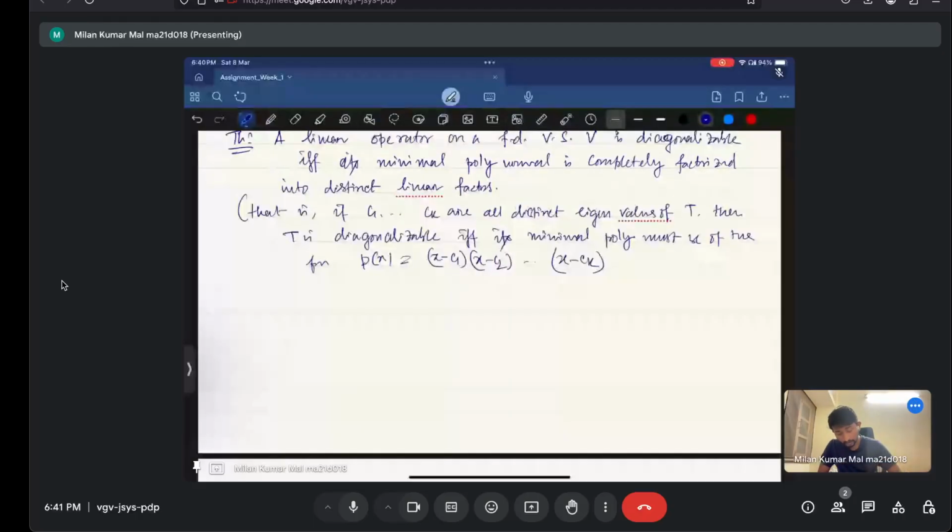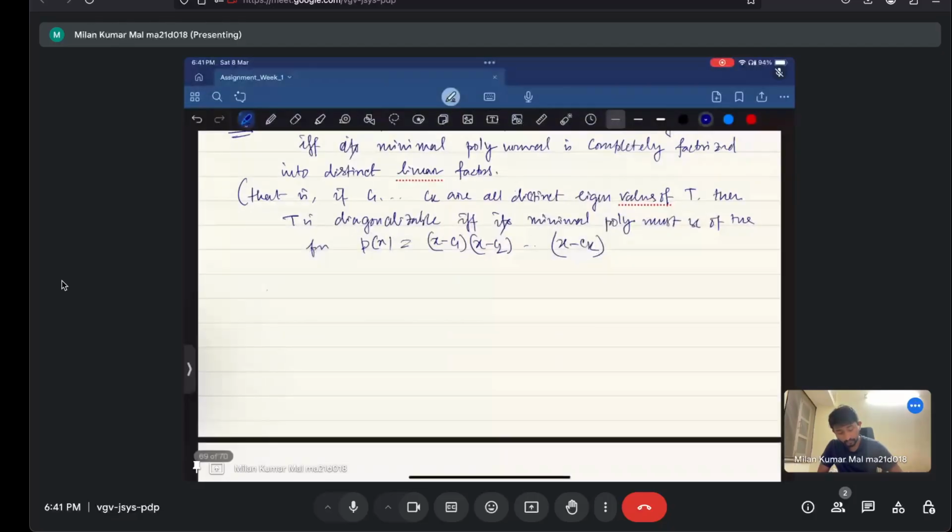And here, this Ei will be written as the product over all j, j not equal to i, j equals 1 to k.